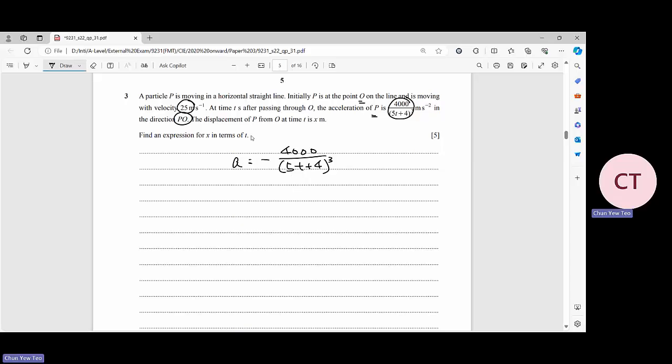Then they want you to find x in terms of t. We want to find in terms of t, so your a you will put as dv dt. Do the separable variables, or you can just integrate the v. This is what you will have.